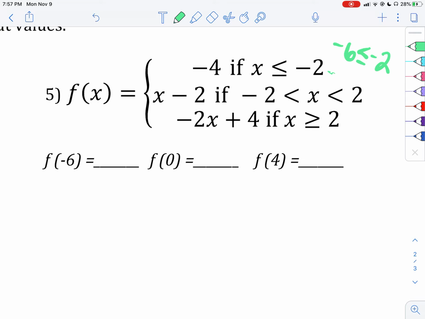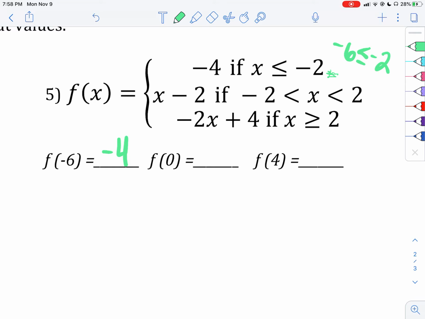Just to make sure, let's look at these next ones. -6 is not greater than -2 and less than 2, and -6 is not greater than or equal to 2. So we know we made the right choice here. Okay, so -4 if x is less than -2. What this is saying is f of x equals -4 if x is less than -2. We said -6 is less than -2, so this just equals -4.